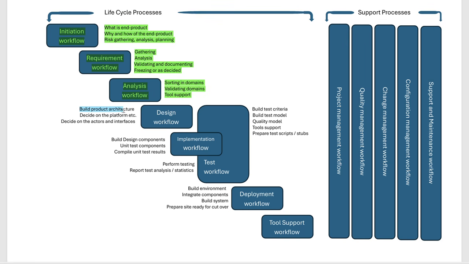Build product architecture. As I've already explained, we will build an architecture here, the overview where we can see how the system works and how the data will flow. Decide on platform. Here you will decide the software and hardware for your system. Software, like which programming languages and which framework we are using.